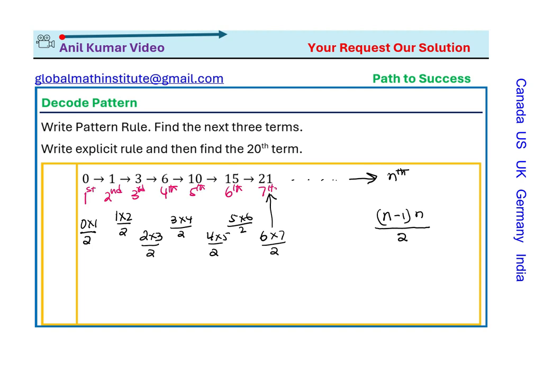So in this particular series, which starts with 0, the nth term is this. You get the whole idea. So that becomes our formula. So this we'll call Tn. So you see how we have derived it, visualize it. Now let's answer the question. So we got the explicit rule. This is called the explicit rule.